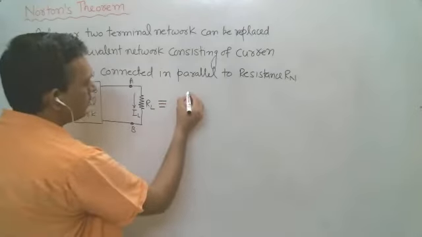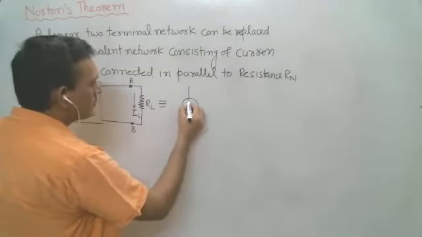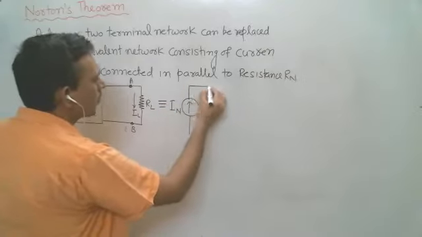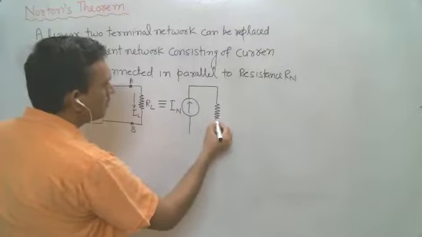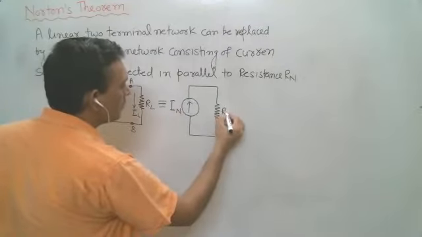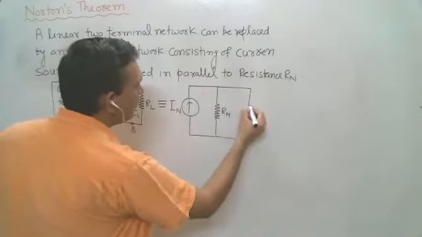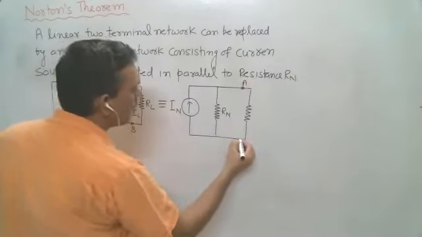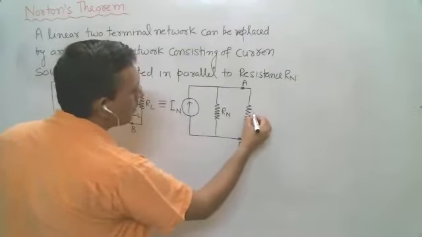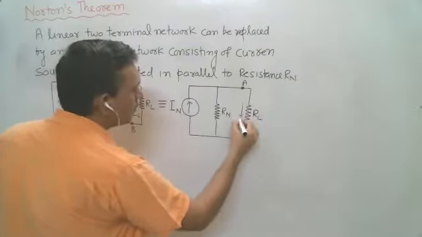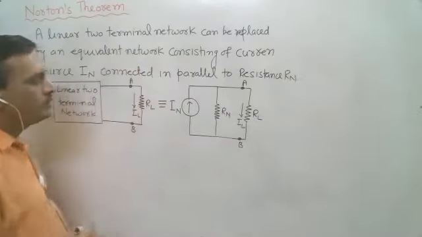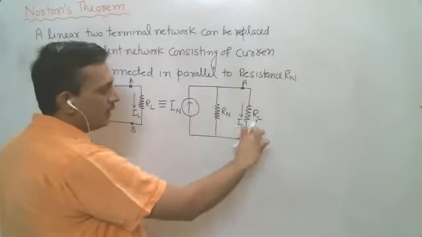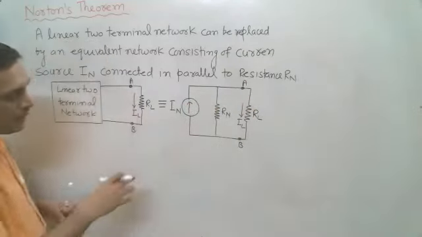So its equivalent is this, the Norton's equivalent. You have a current source and you have a parallel resistance Rn, and that is connected across RL.